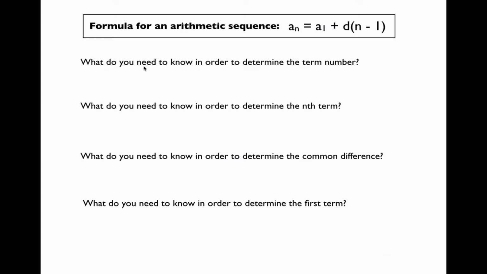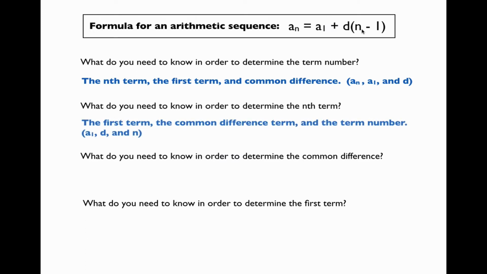What do you need to know in order to determine the term number, so the value of n? Well, if we want to find n, we need to know everything else. We need to know the nth term, the first term, and the common difference. What do we need to know in order to determine the nth term? a sub n, we need to know the first term, the common difference, and the term number.